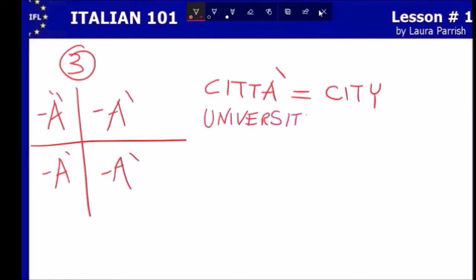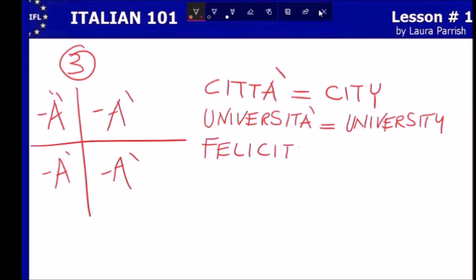Università means university or college. Another very beautiful word I can think of is felicità. Felicità is happiness.